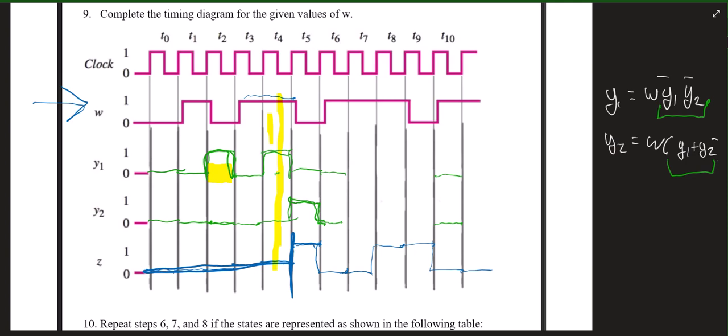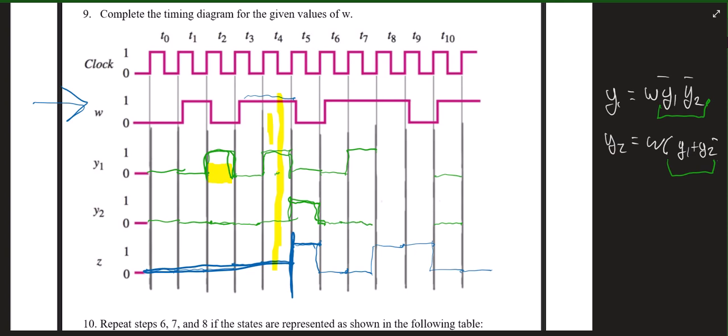Okay, so now for Y1, are both Y1 and Y2 0 in the previous clock cycle? Yes. So are either of them 1?